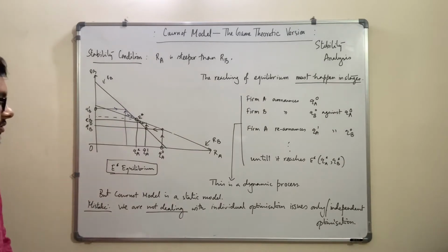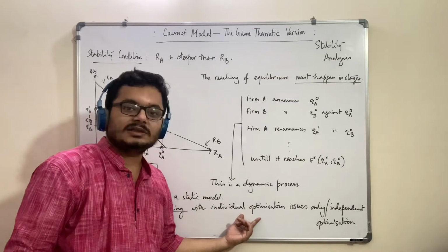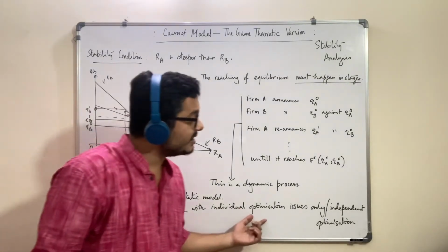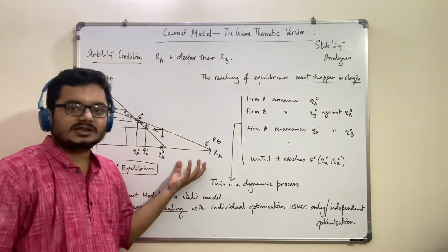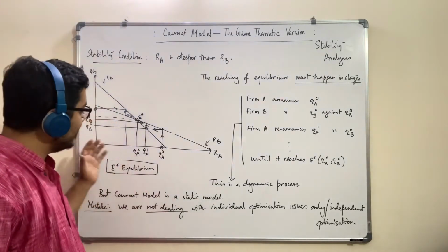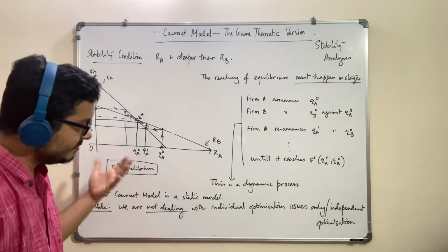So what is happening here is that this individual optimization obviously is there, but it works in a dependent way, which makes it a strategic situation. So these two firms are strategically dependent.